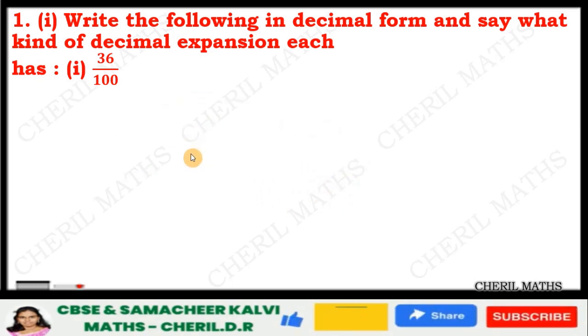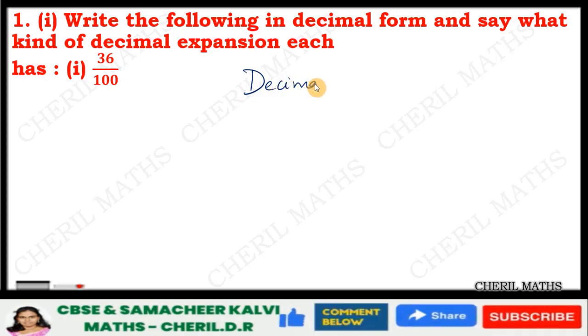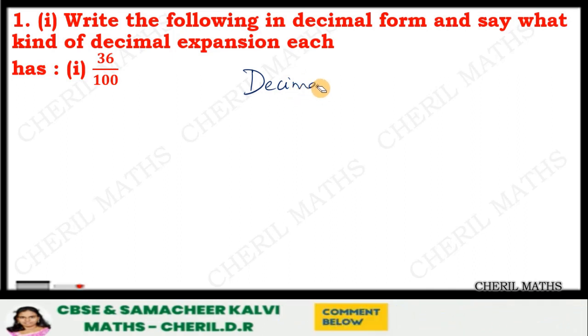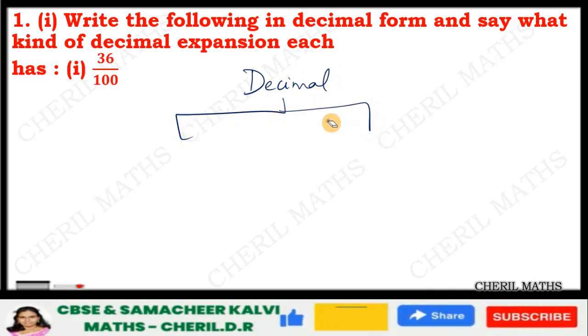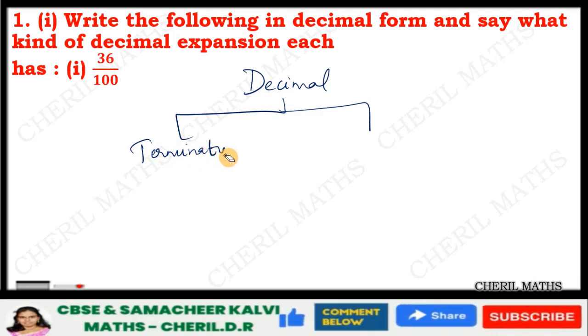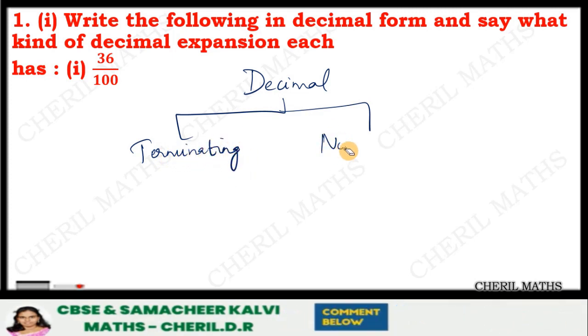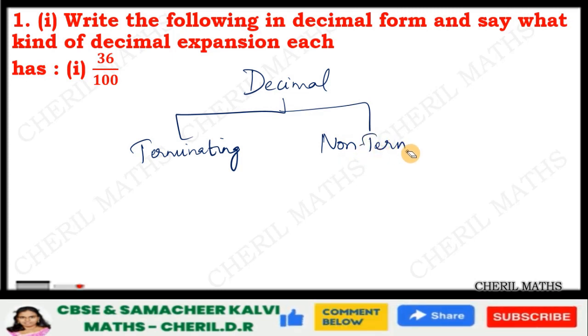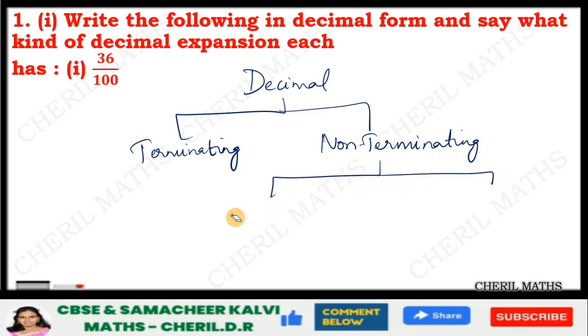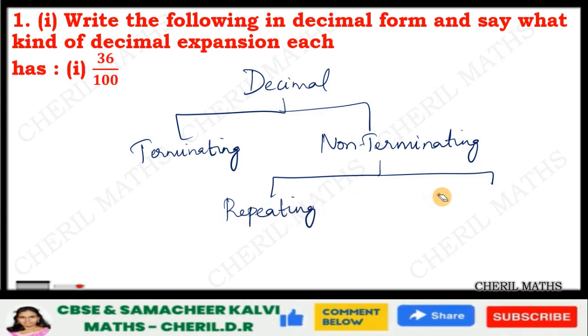I will tell you once again regarding these numbers. If you have a decimal number, it will be either terminating or non-terminating. If it is non-terminating, then it can be repeating or non-repeating.